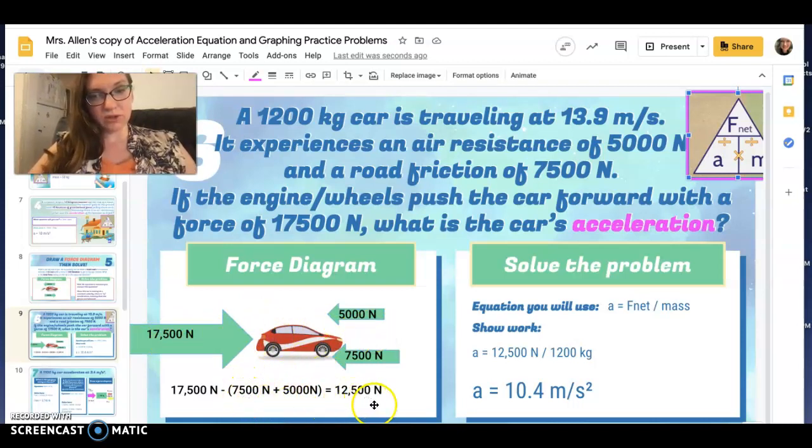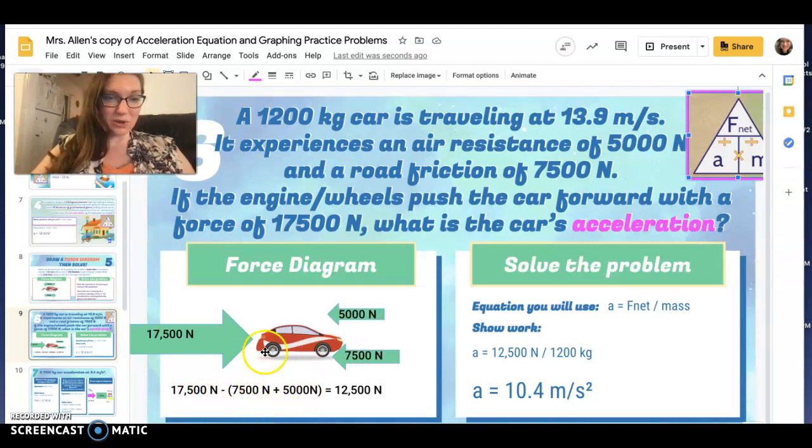So, in order to figure out the net force, I add these two together because they're going in the same direction, and subtract them from this one because they cancel out the force in that direction by that amount. So there's still an excess of 12,500 newtons, and that's the net force.